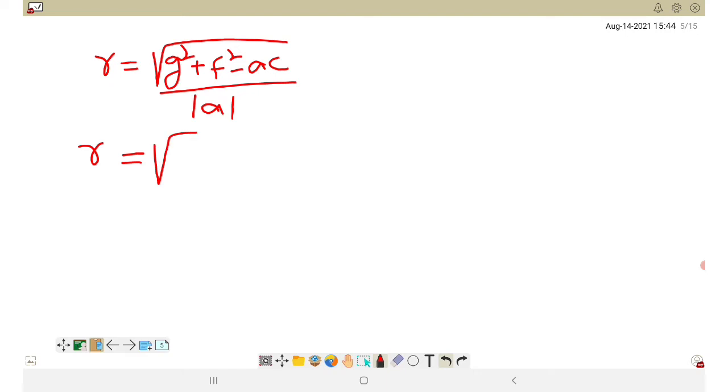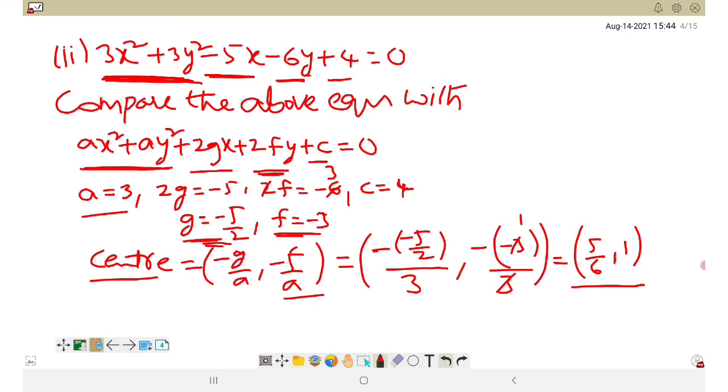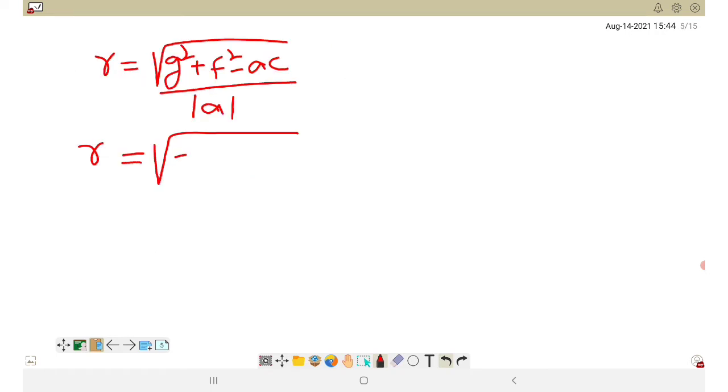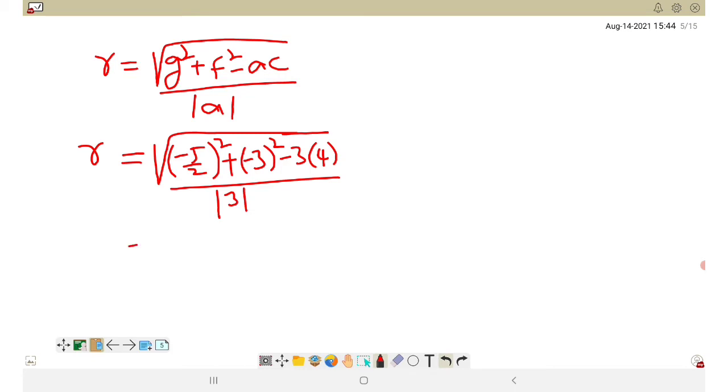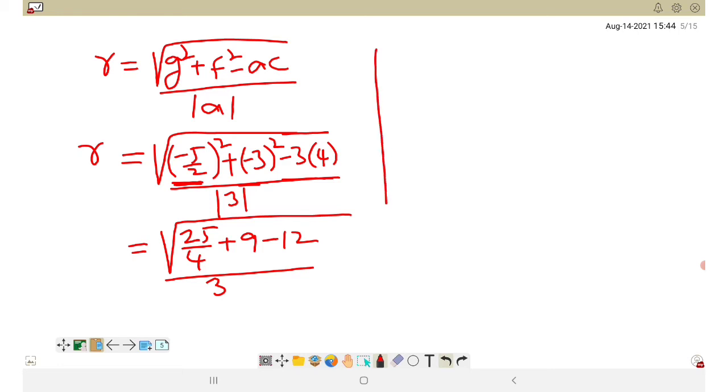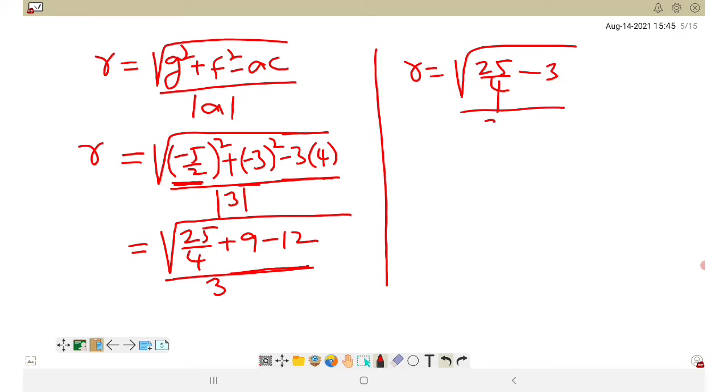Now substitute g is equal to minus 5 by 2 and f is equal to minus 3, a is equal to 3 and c is equal to 4. So square root of minus 5 by 2 whole square, 25 by 4, plus minus 3 whole square, 9, minus 3 into 4, minus 12, by mod 3 is equal to 3.